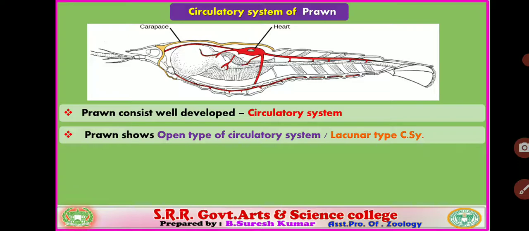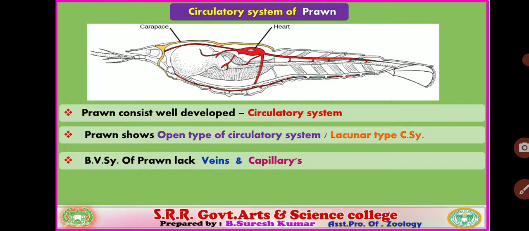What is meant by open type of circulatory system? In higher animals, the heart pumps the blood into blood vessels, the arteries and veins. The arteries are distributing vessels and the veins are collecting vessels.